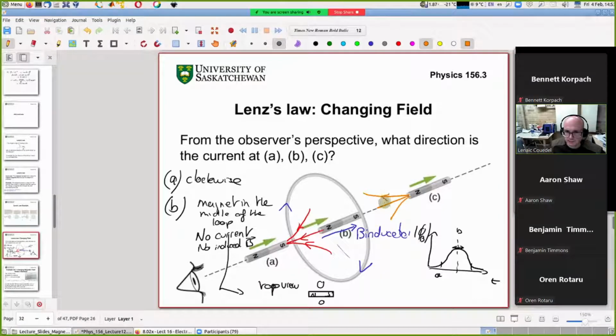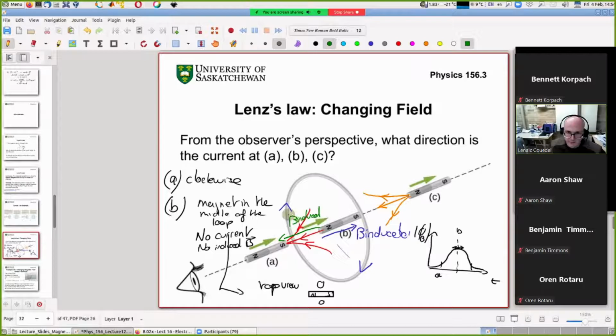Lines are like that. Is the flux increasing or decreasing in case C? Decreasing. It's decreasing. So the current generated by the loop, is it directed to the right or to the left? Counterclockwise. Yes, so the magnetic field will have to be generated like that, be induced.